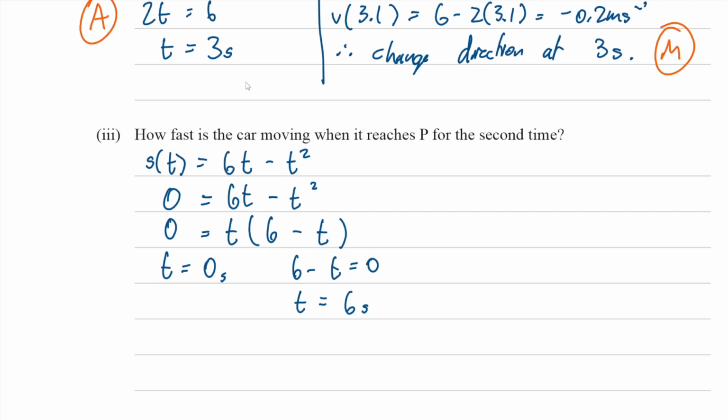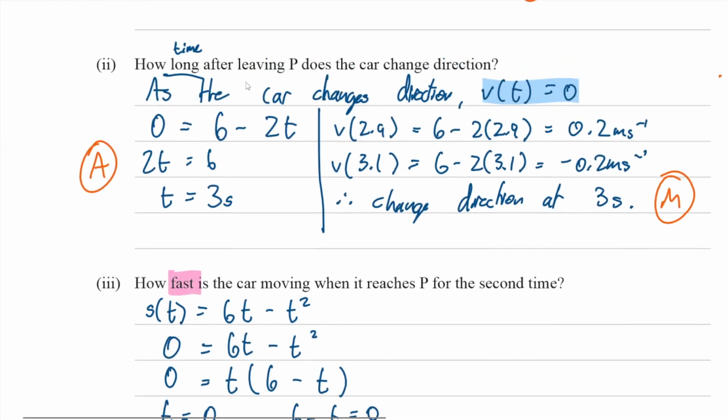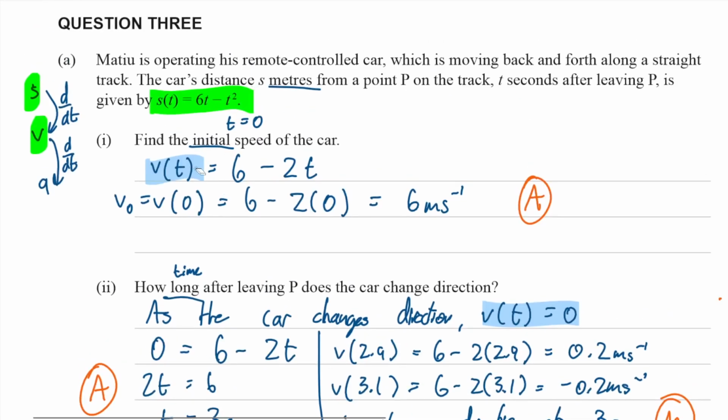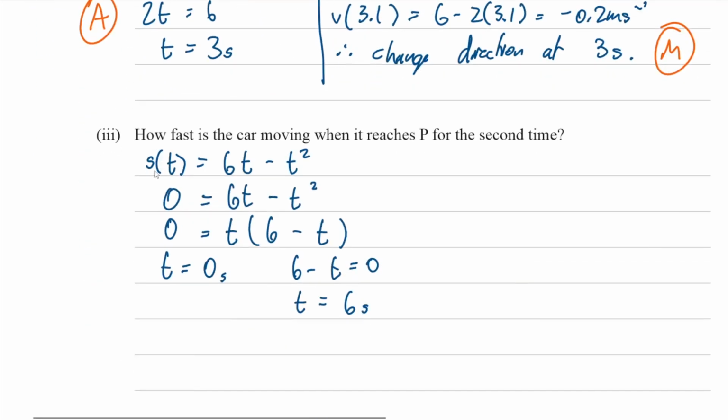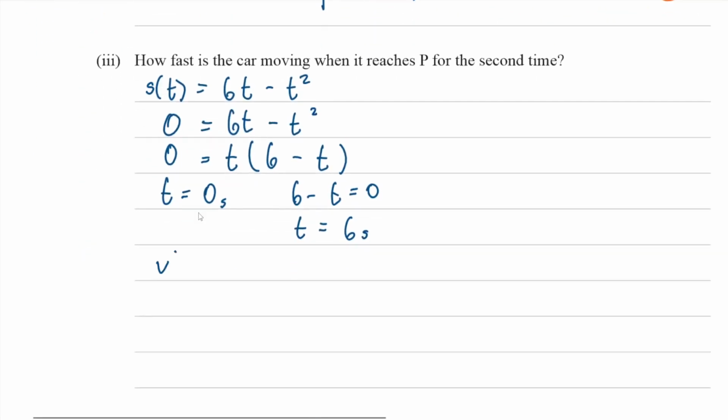Now the question is asking, how fast is the car moving? So to find the speed, we need the speed equation, which we have, right? V of t. V of t equals 6 minus 2t.